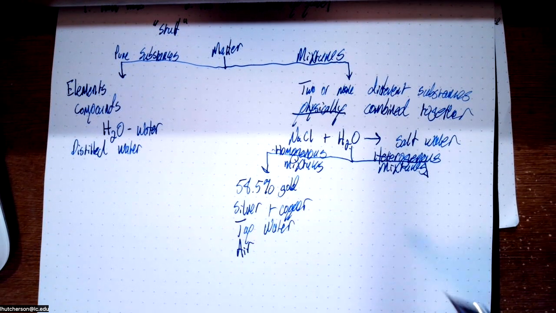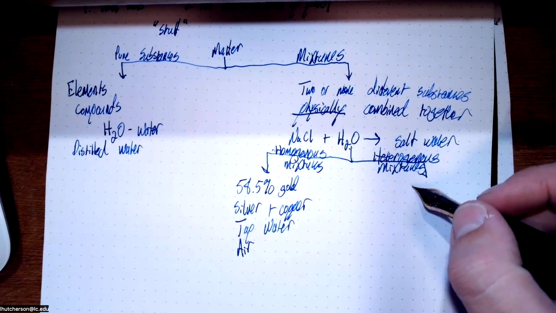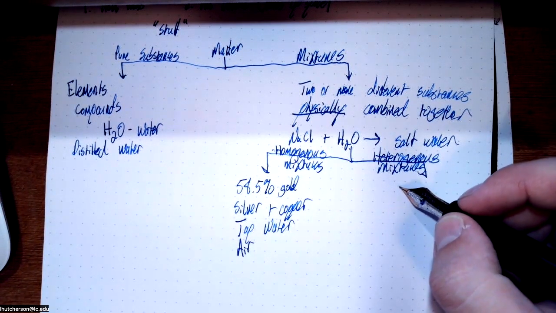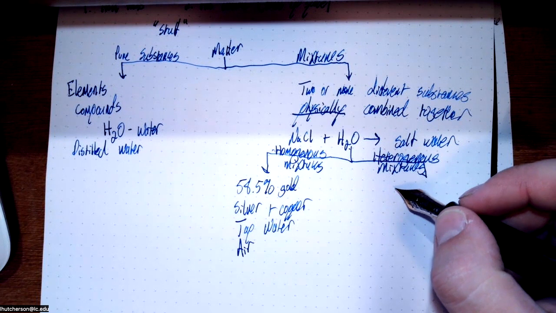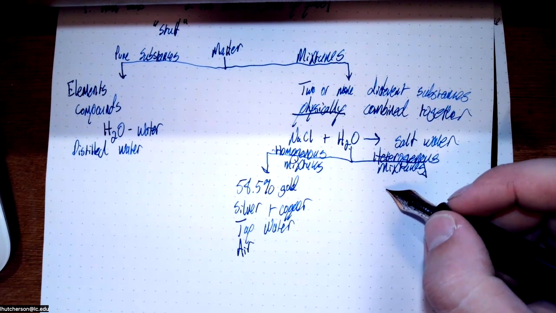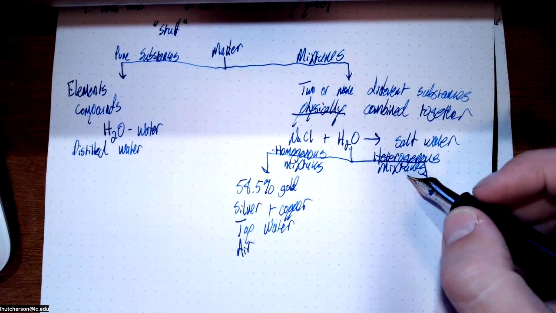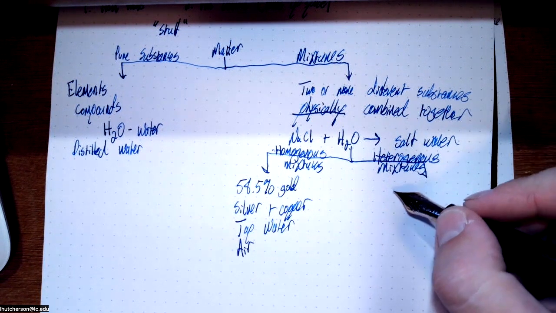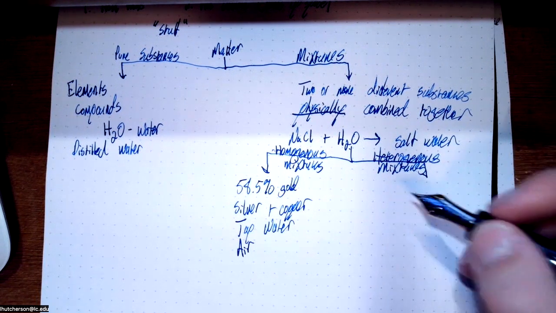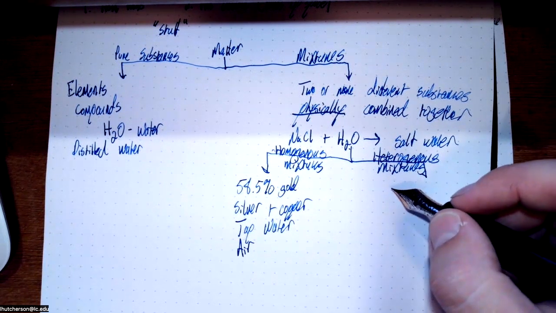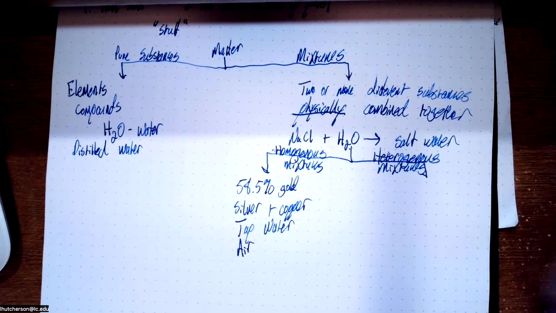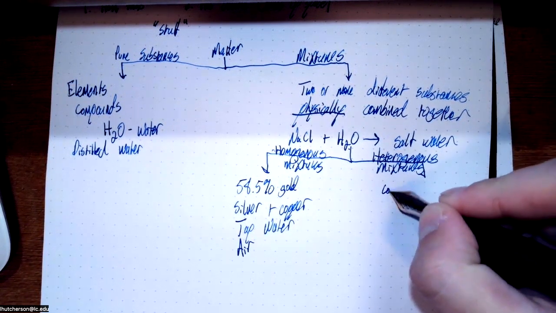All right. Now, let's talk about heterogeneous mixtures. These are things where we can typically see individual components, right? If we were to look at a solid heterogeneous mixture, one really good example of that is going to be concrete.